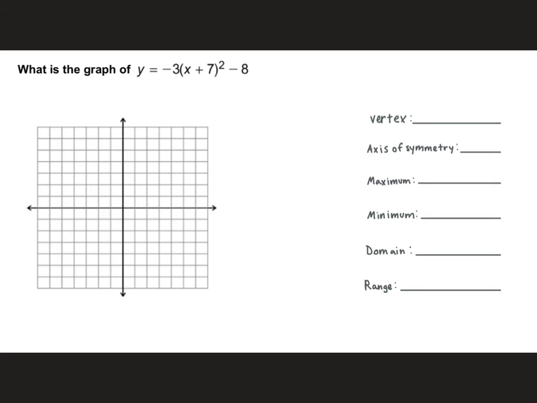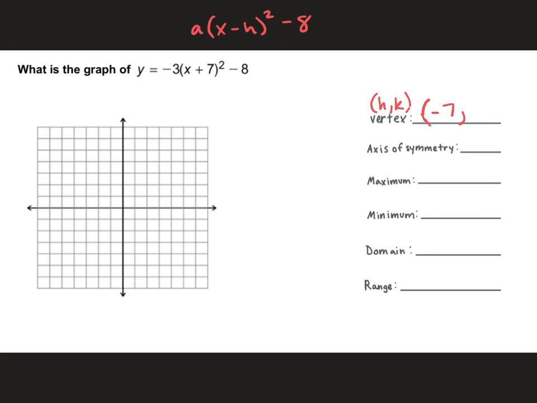So let's look at the last question. So what is our h here? What do we have to do with our h? Change the sign. So it goes from a positive 7 to what?